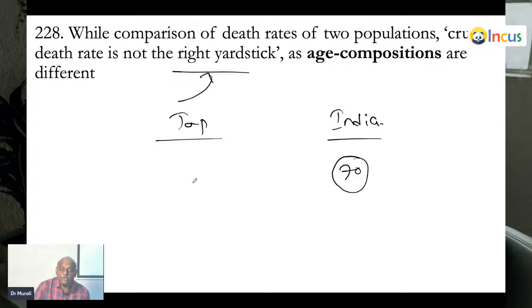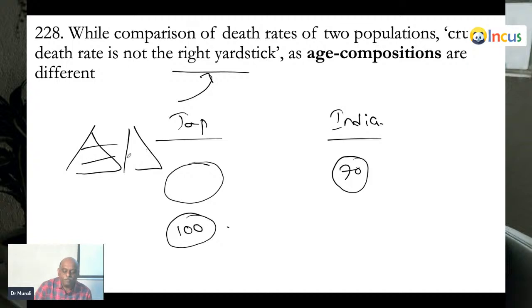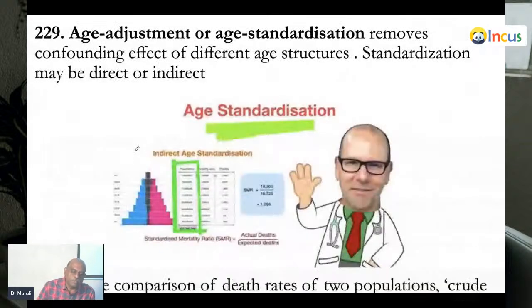But in Japan, they say, oh, how young he died. Because in Japan, people easily live up to 100. So that is the reason, whenever the age compositions of two different populations are different, then we cannot use the crude death rate as a comparative tool for comparing the death rates between two populations, is what you need to remember.